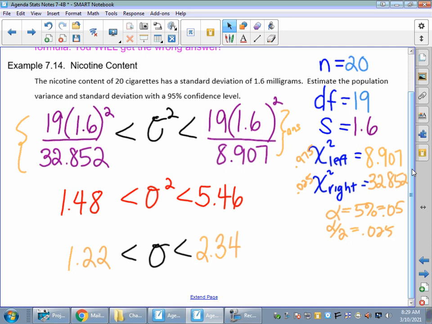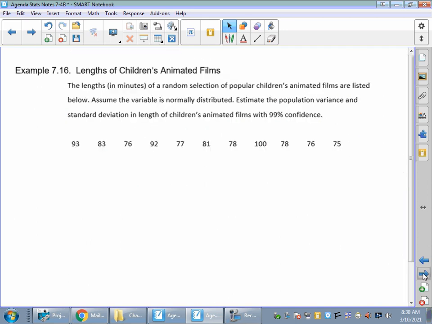I don't know how many examples we need to do here because it's a pretty simple plug and chug, use your formula. I do want to mention though, if we were going to do this problem, the lengths in minutes of a random selection of popular children's animated films are listed below. Assume the variable is normally distributed.